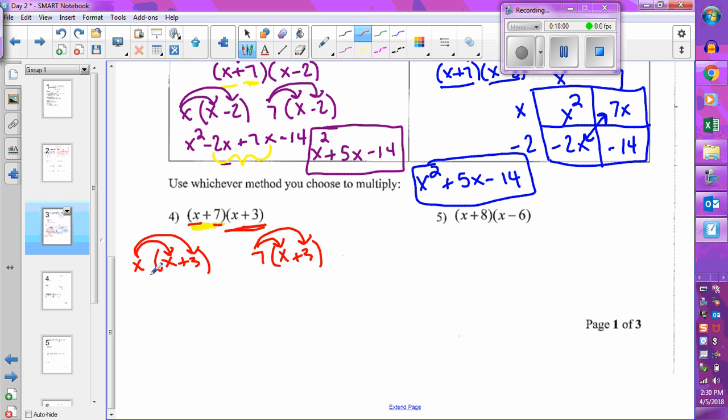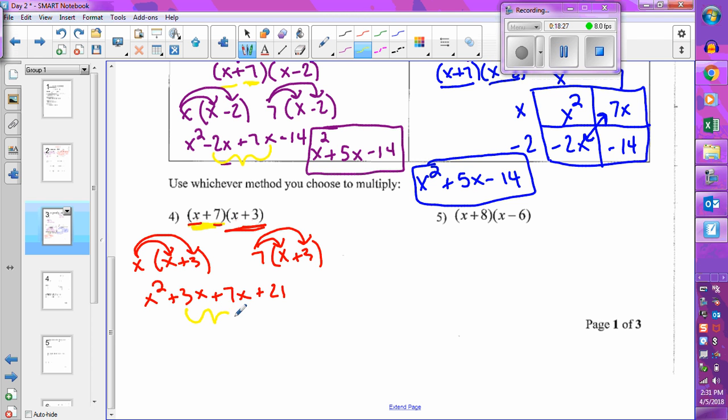Wonderful. So now this right here is going to be x squared plus 3x. So x times a positive 3 is 3x. And then I have a 7 and an x, so that's going to be plus 7x. And then 7 times a positive 3 is going to give me a positive 21. Now it's important to look at which of these can be combined. Do we have anything here that has like terms?